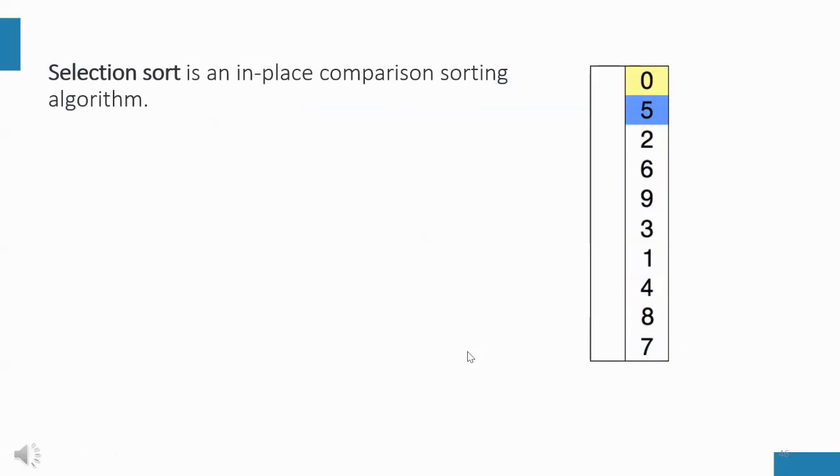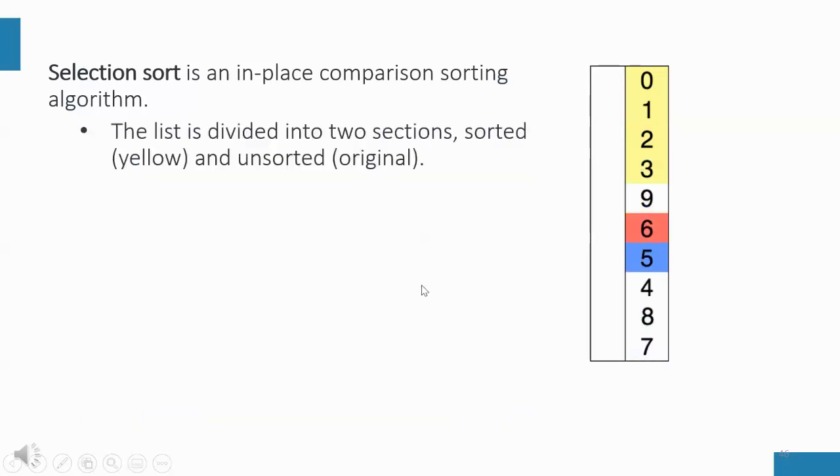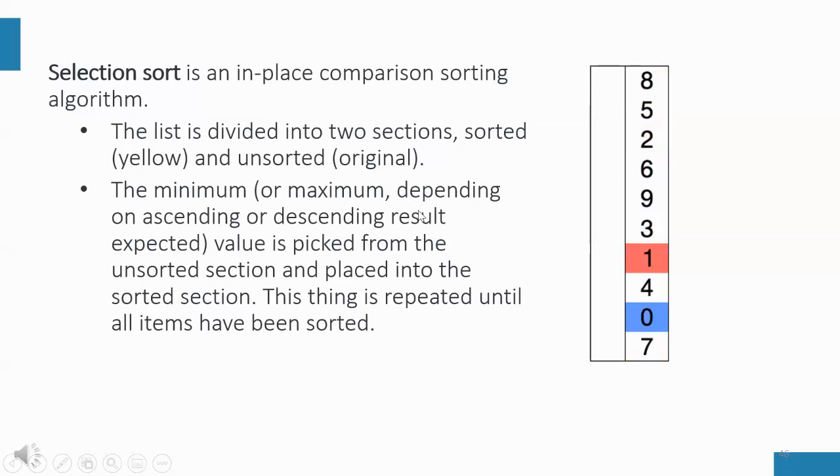Selection sort is an in-place comparison sorting algorithm. The list is divided into two sections, as shown in the animation. The sorted section is marked yellow, and the unsorted section is the original one.